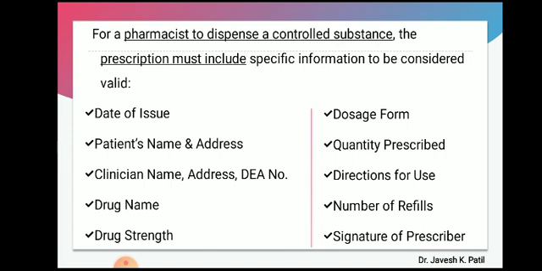If any of the items mentioned on the screen is not present in the prescription, the prescription should not be considered valid. So it is the responsibility of the pharmacist to check all these things, and the responsibility of the prescriber to mention all of them in their prescription or medication order.